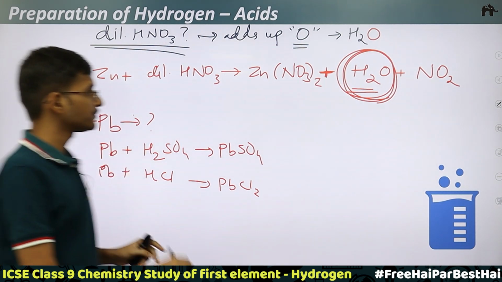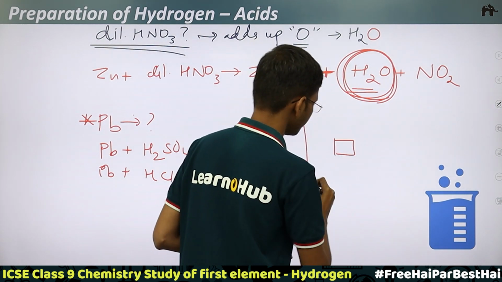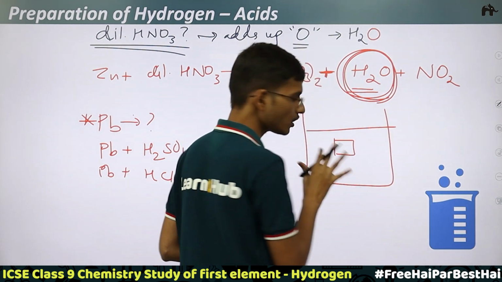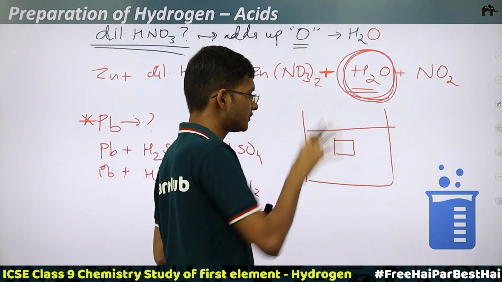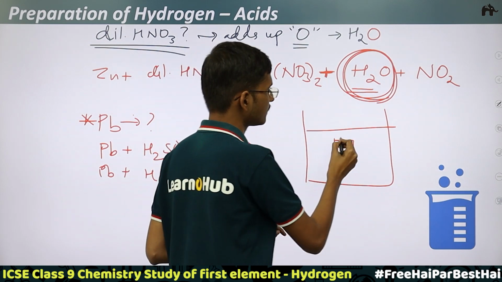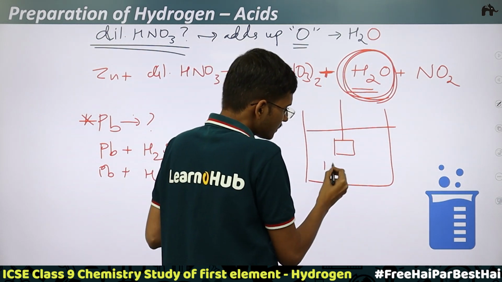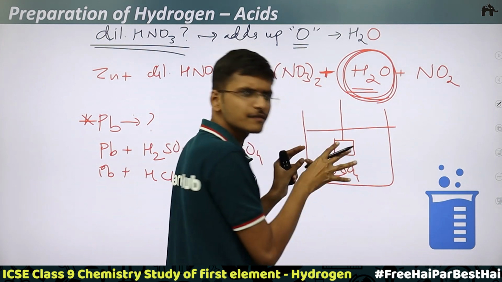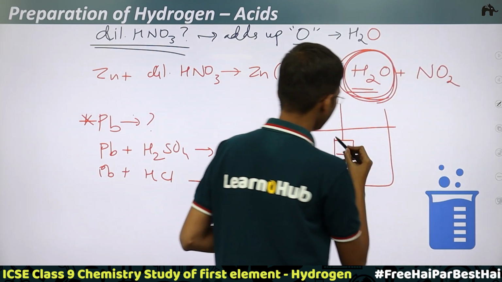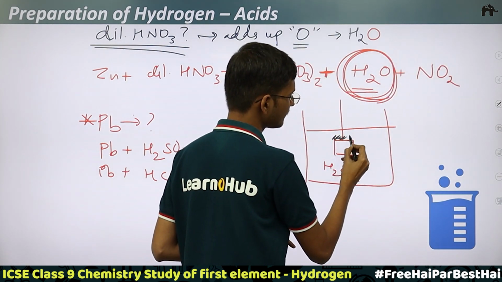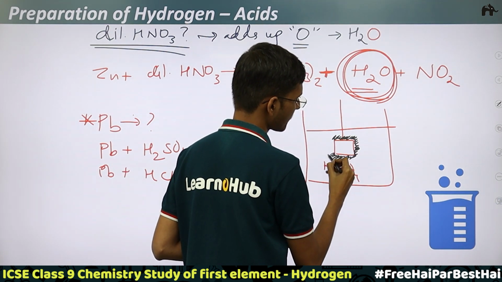But what happens is, when they react, suppose this is a lead block, I'm putting it into dilute sulfuric acid. I have just dipped this lead block in the dilute sulfuric acid. What happens is, this lead would form a lead sulfate coating over itself.